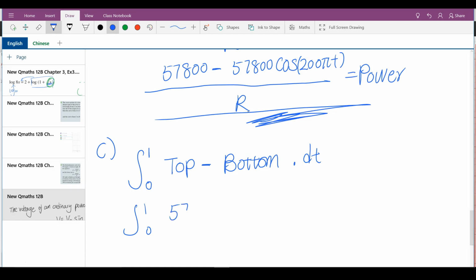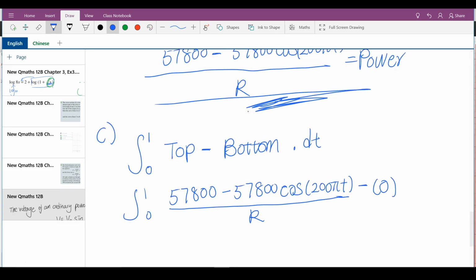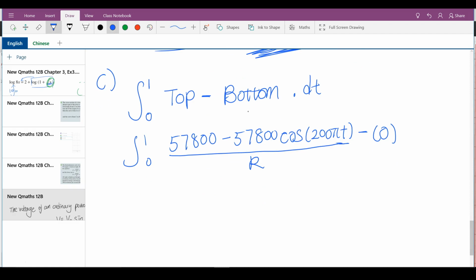Okay, so we just copied it down. Let's assume this is the top function: cos 200 pi t over r, and minus the x-axis.